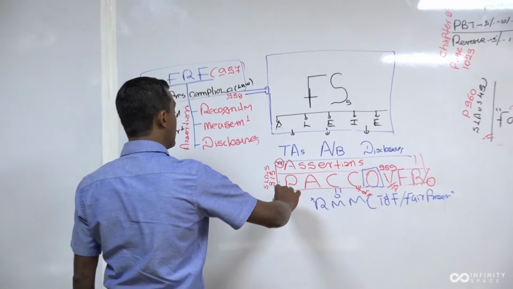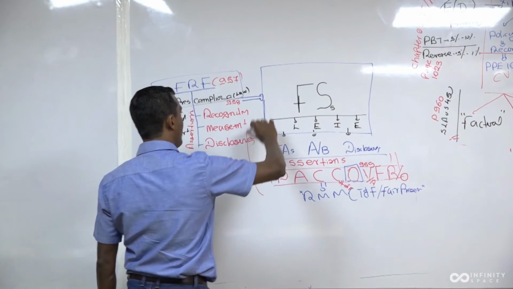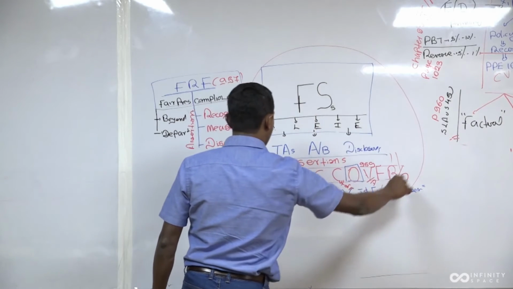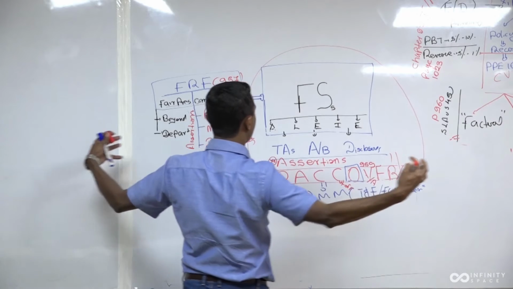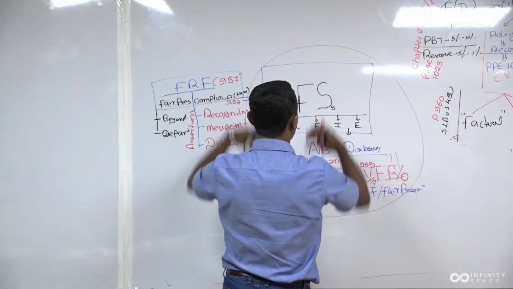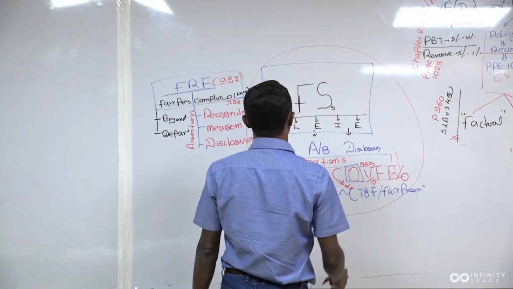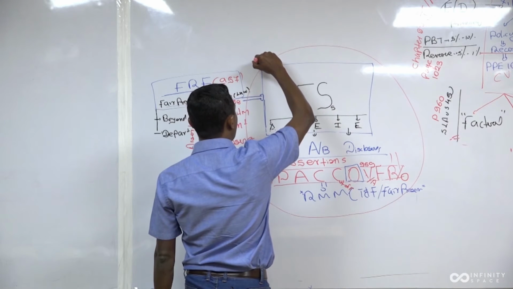I will draw this circle around the financial statement, and that is a very big concept in your syllabus, because the idea is the circle is around the financial statements, like protecting the financial statements, and the meaning of the circle we will discuss.